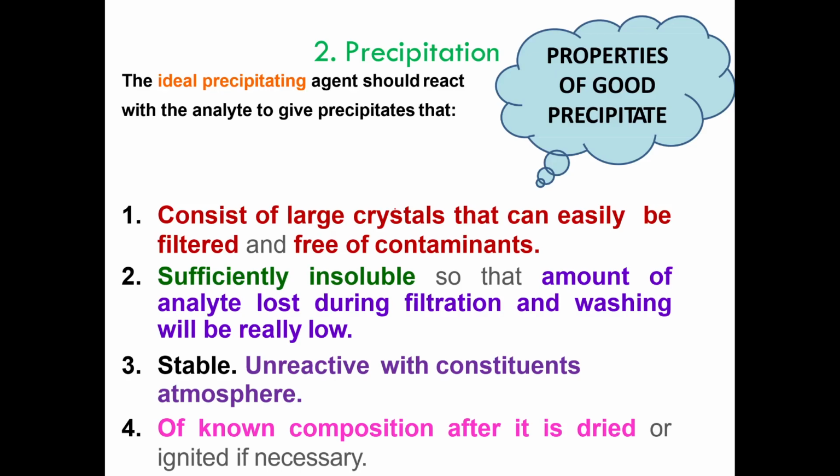Also, the precipitate should have a known composition. We should know the structure, the formula of the precipitate, and how to get that precipitate. Sometimes we need to dry, or sometimes we need to ignite, that precipitate before we weigh.